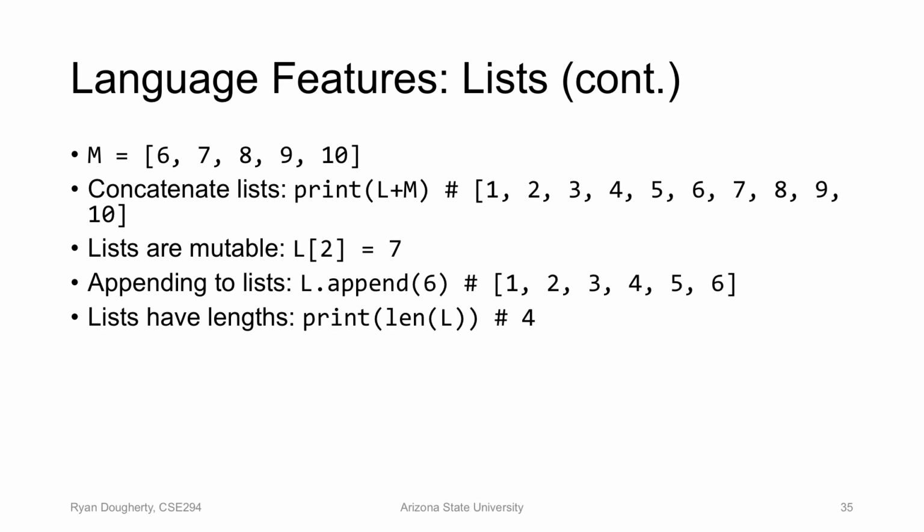Another way to do that is actually using the plus operator on a particular value that's not a list. So if I said L plus equals 6, it'll do the exact same thing. So the plus operator for anything that's not a list will do the append operation. Okay?